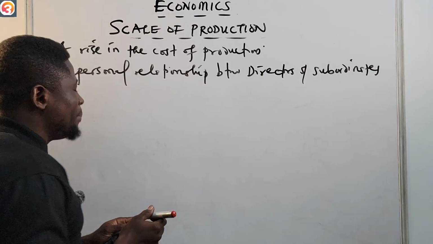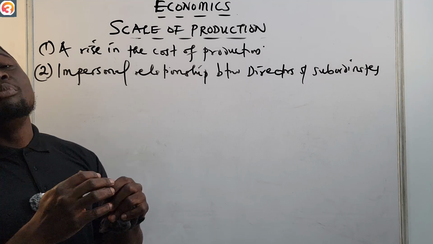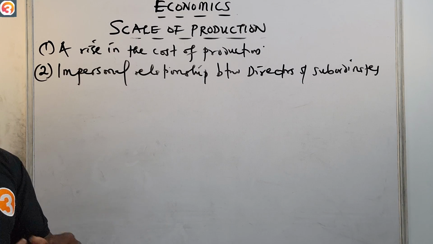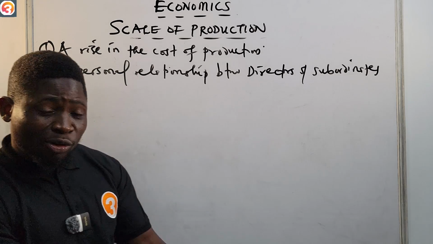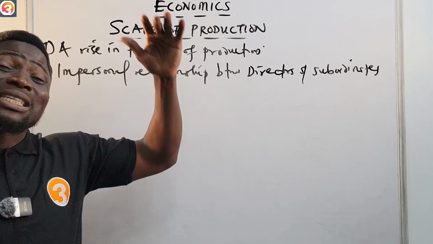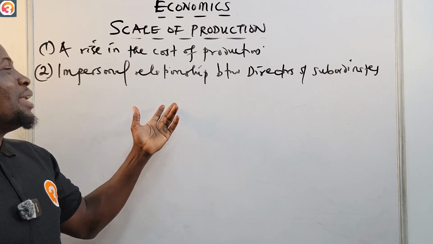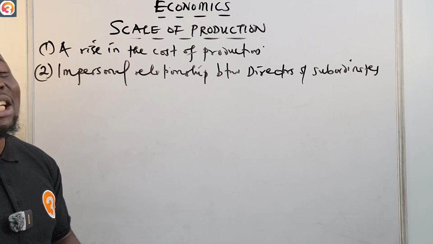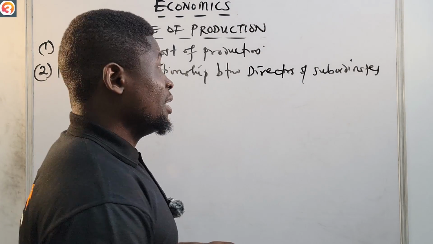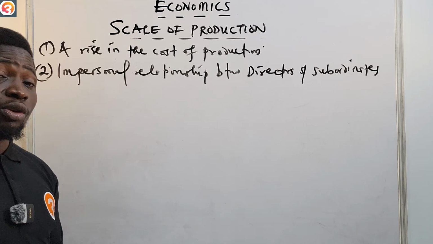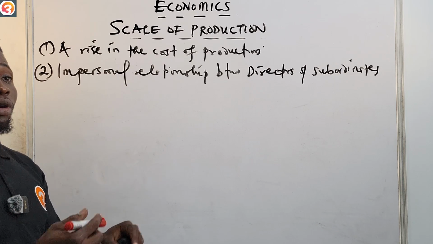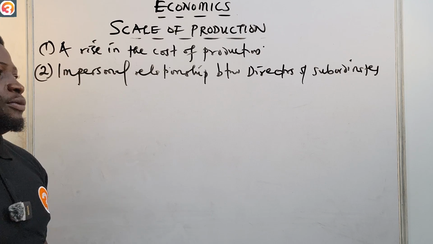So there will be impersonal relationships or communication gaps between workers. You see that it will be difficult for those lower level workers to communicate with those at the top. There will be a communication gap, a hiatus created. Right, so this is another disadvantage that large firms suffer when they begin to operate beyond their optimal size.